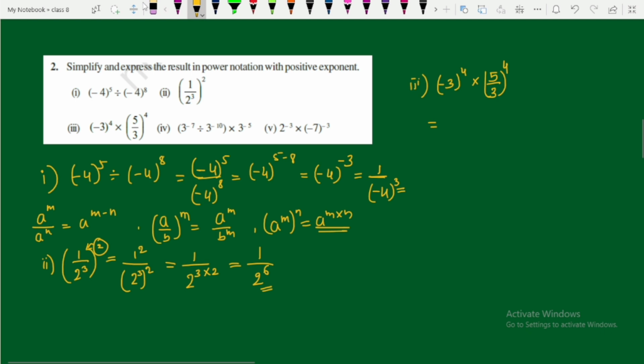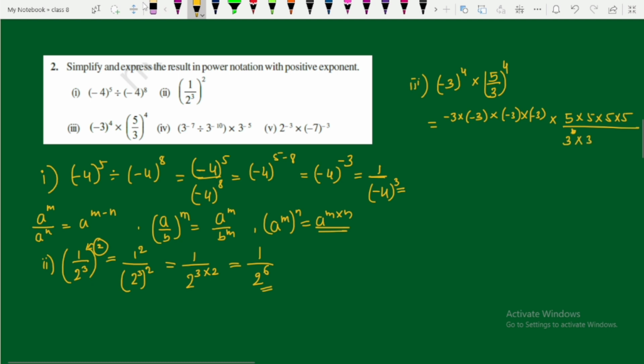So (-3) raised to 4, how many times are you going to write it? 4 times: minus 3 into minus 3 and so on, and 5 raised to 4 we can write as 5, 4 times, divided by 3 raised to 4.